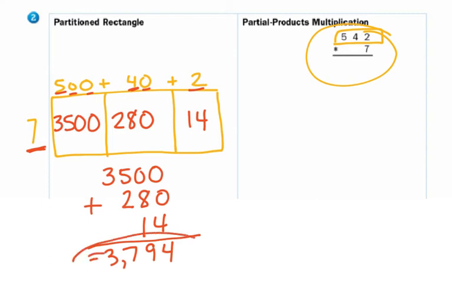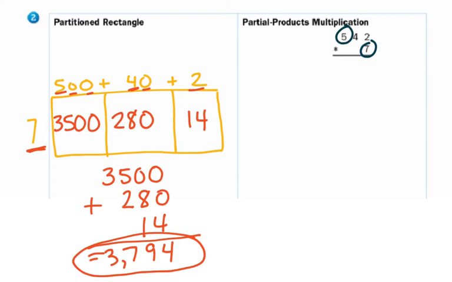Our answer is 3,794. Now, I'm going to do that same problem, but with partial products. The first thing I'm going to do is take my 7 times the largest place value, the 5. 7 times 500 is 3,500. Same thing.